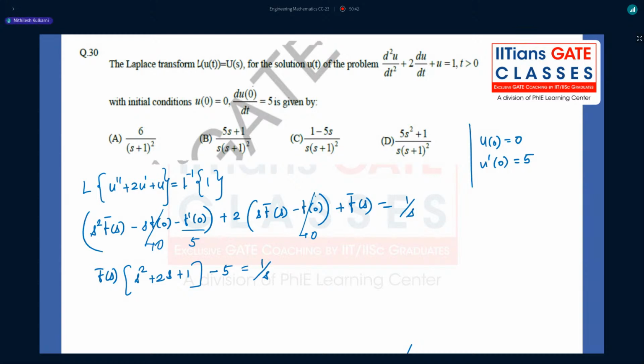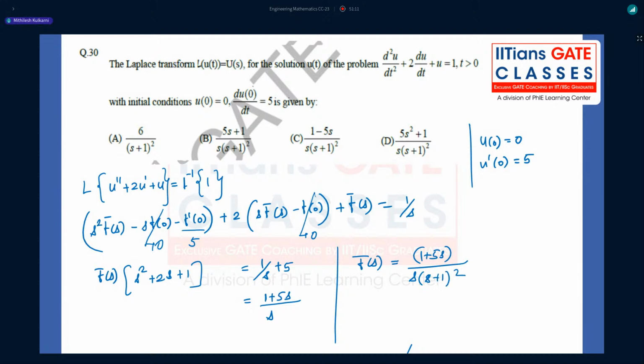And this minus 5 we can bring to the right hand side. It will become plus 5, and you can also write it as 1 plus 5s divided by s. So you can write f bar of s as 1 plus 5s divided by s into s square plus 2s plus 1, which is s plus 1 whole square.